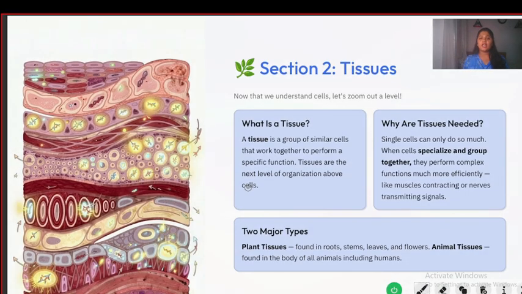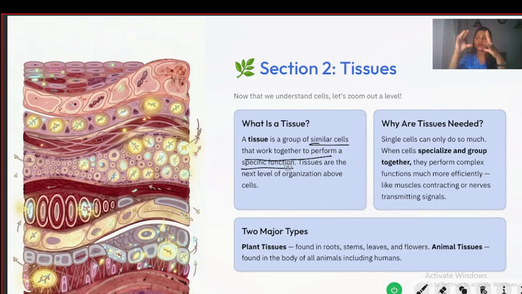Now what is a tissue? Most of the time you will say a tissue is a group of similar cells, right? So a tissue is a group of similar cells that work together to perform a specific function. It will work together to perform what? A particular function, not different functions.